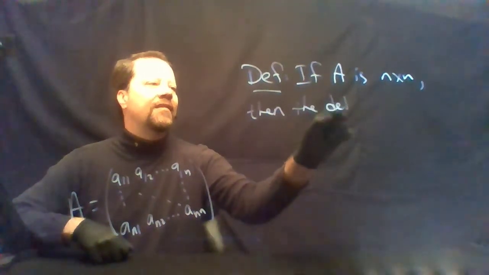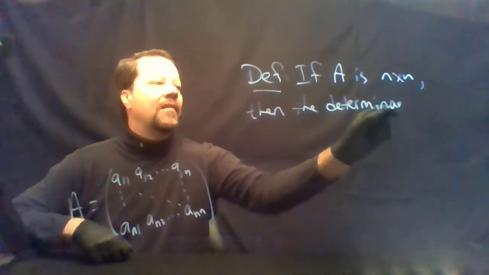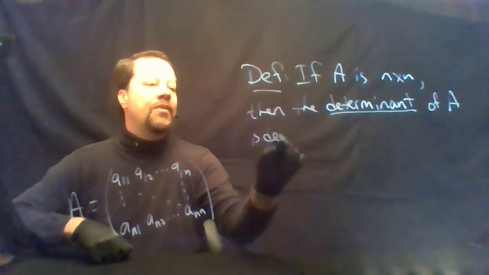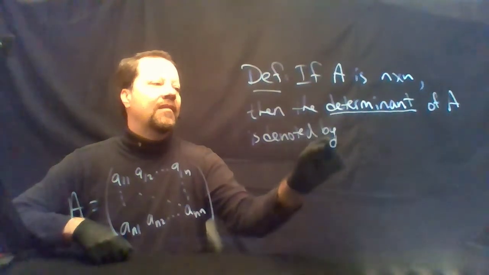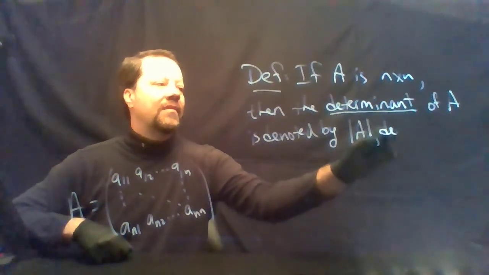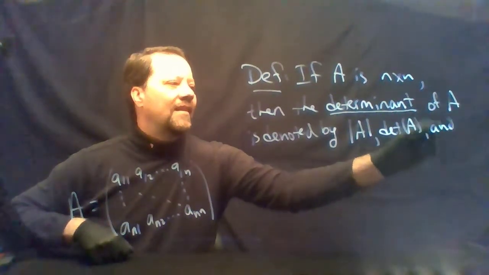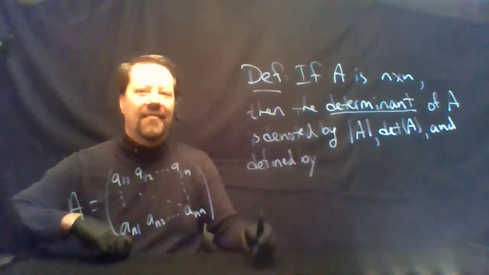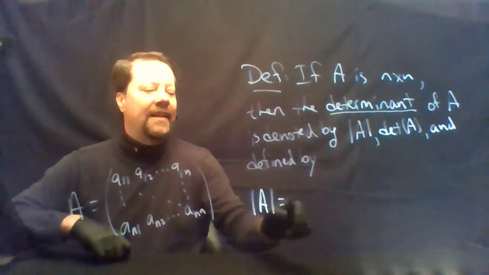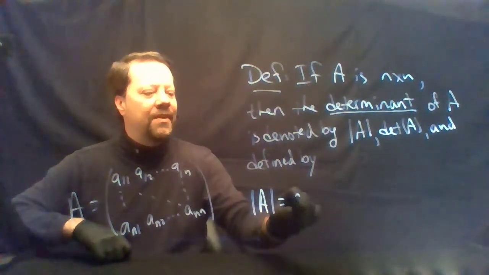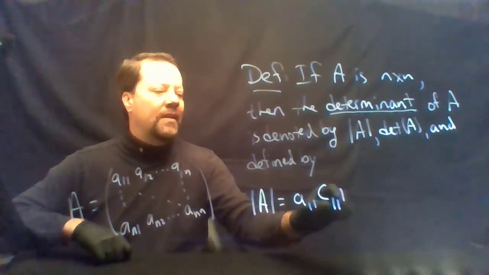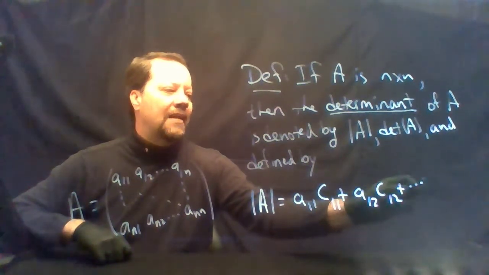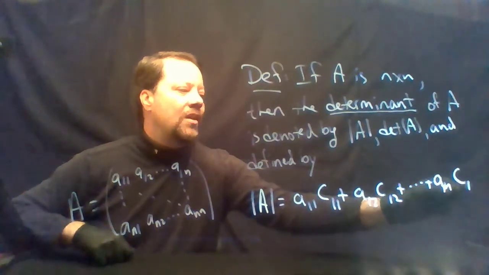The determinant of A is denoted by det A or |A|, and defined by: the determinant of A is, we'll do a cofactor expansion around the first row, A11 C11, that's the cofactor, A12 C12, plus dot dot dot plus A1n C1n.